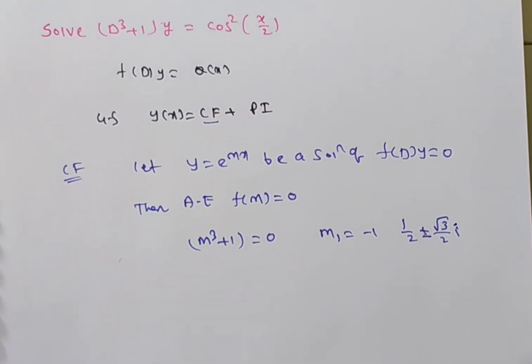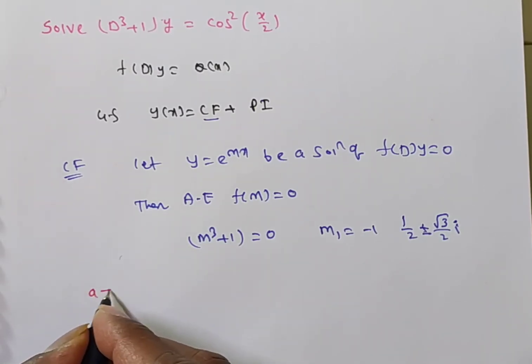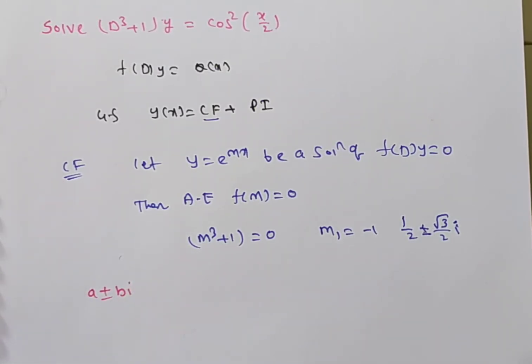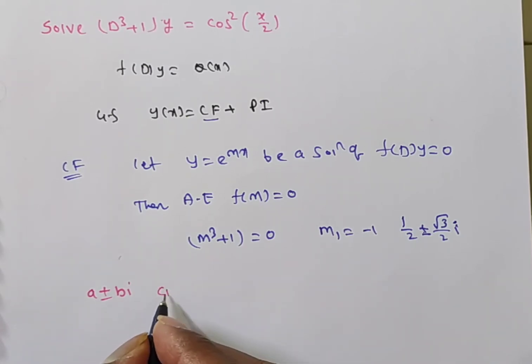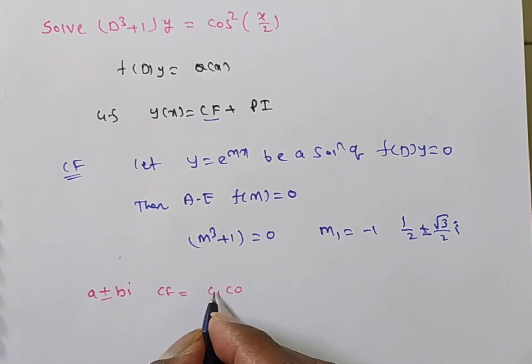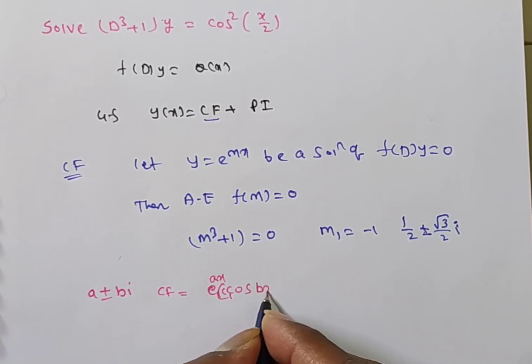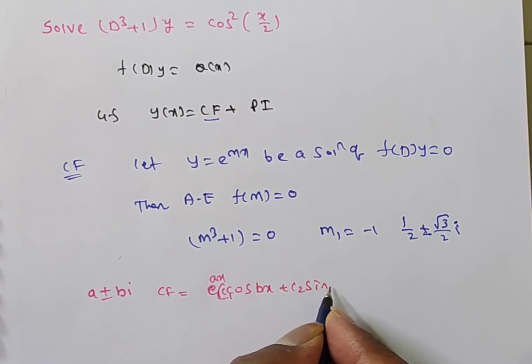Now what is the complementary function for this? Friends, whenever the roots are in the form of a ± bi, then the complementary function we can write as e^(ax)(c1 cos bx + c2 sin bx).